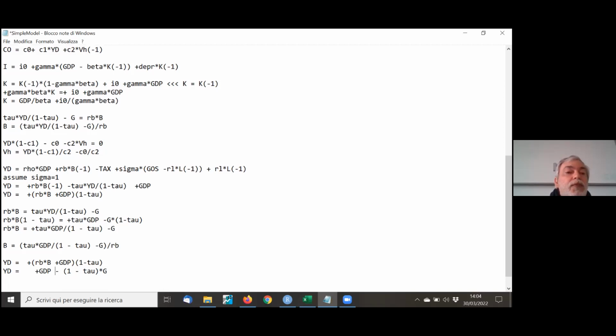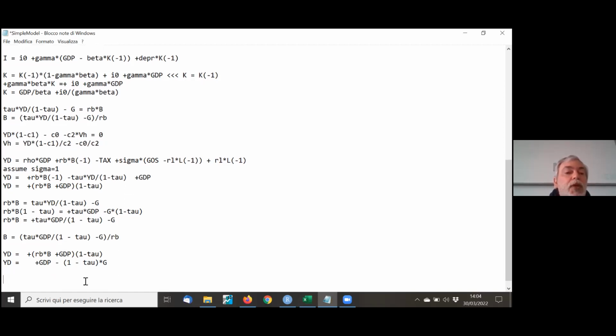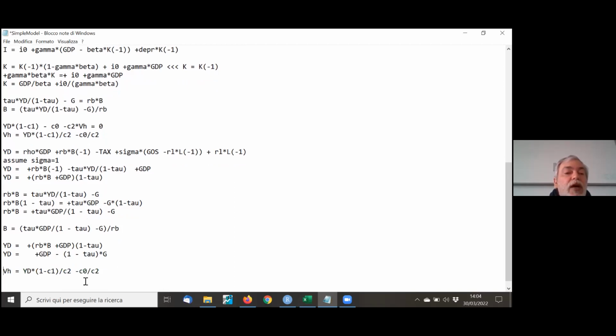Okay, so this allows me to, if I want, have VH as a function of GDP rather than disposable income. Do we need it? Yes, we may need it.